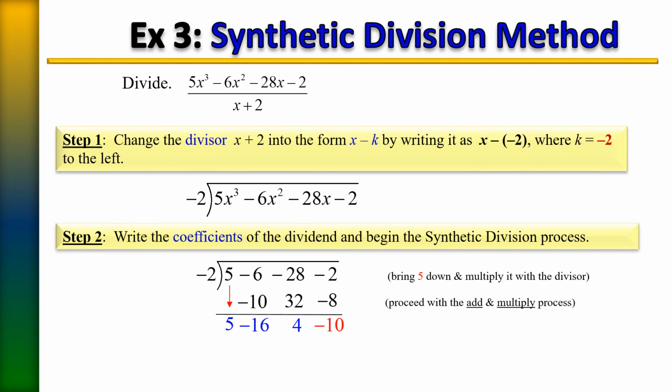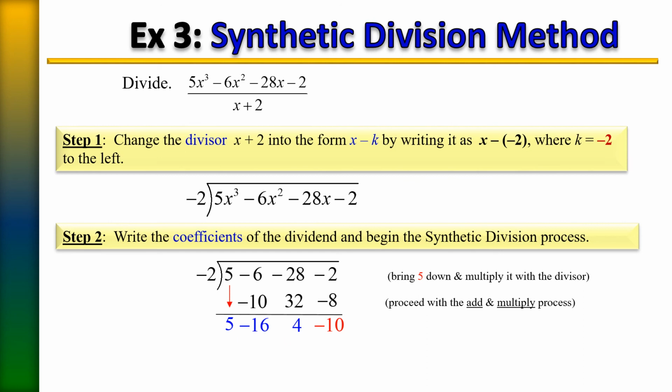So this time we have a remainder of -10. Recall how to write your remainder. You must always attach it to your answer with your remainder on top as your numerator, and the bottom is your original divisor. But first of all, let's find out how we would write our quotient of this 5, negative 16, and 4.